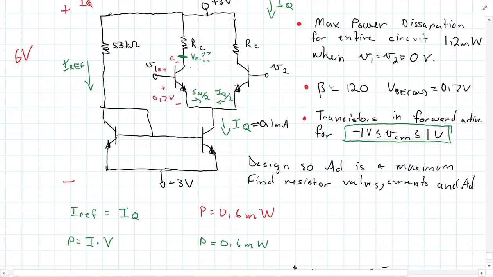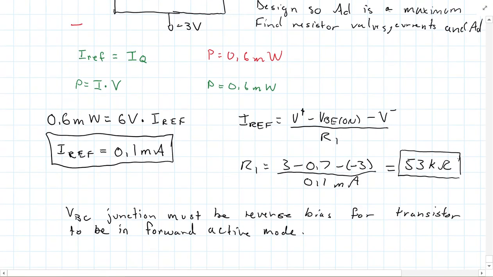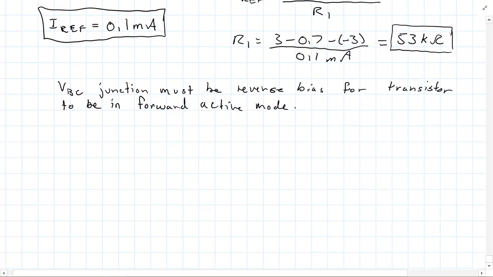So if we think about it, what does this have to be there? Well, this input here could be anywhere from -1 to 1 volt. And reverse bias just means, of course, that it's less than 0. So we need to have VBC be less than 0.